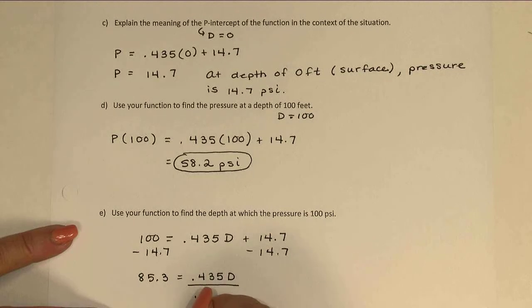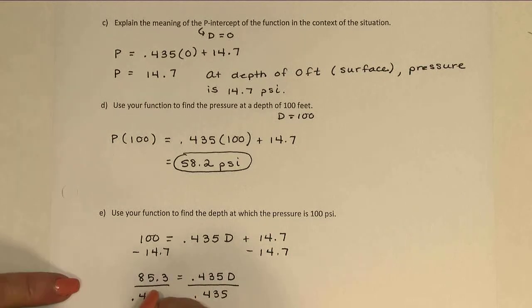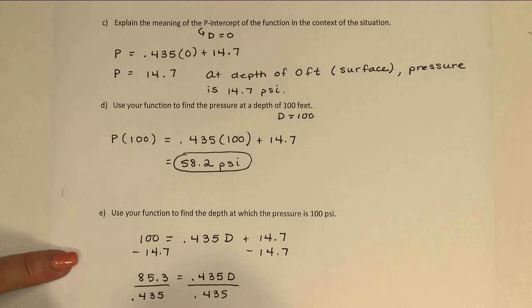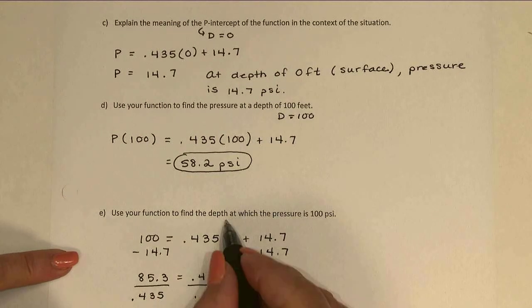Dividing by the 0.435 to finish it up gives me 196.1 approximately. So we're finding a depth, that would be in feet.